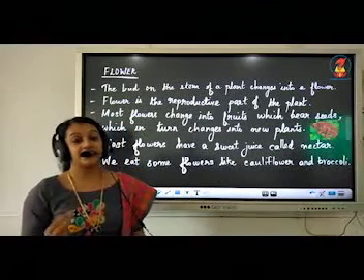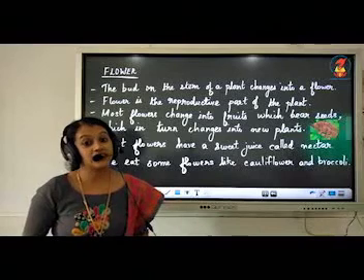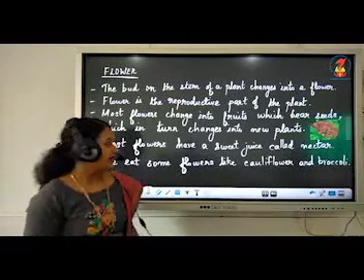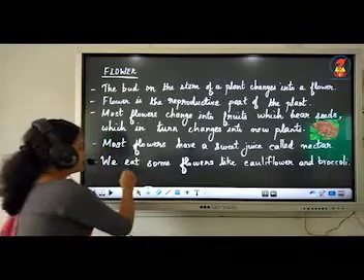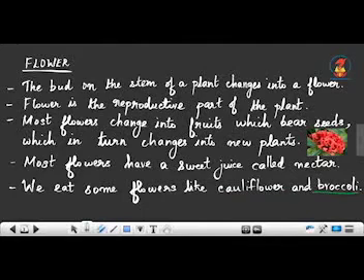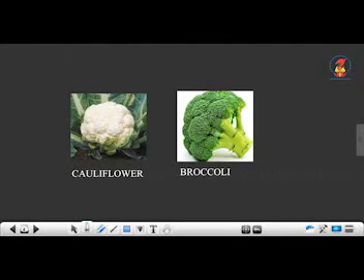You can get a sweet taste. That is actually the nectar of a flower. Then some of the flowers we also eat as vegetables. They are cauliflower and broccoli. Cauliflower and broccoli are also flowers that we eat as vegetables.